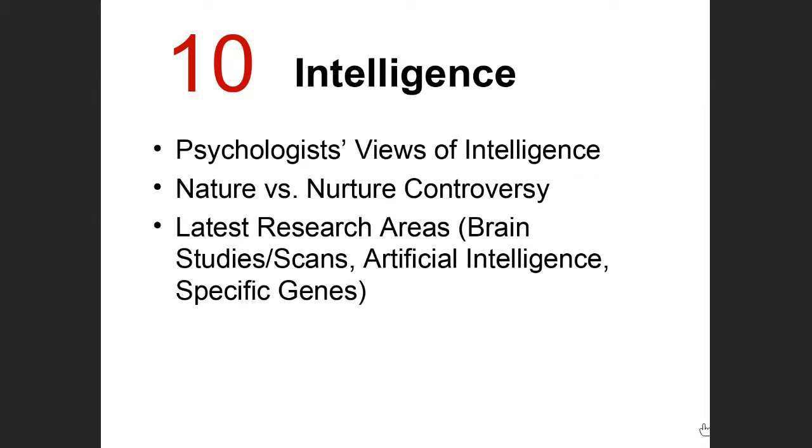Is it more heredity or is it more environment? There are people who think that intelligence is more inherited, and then there are those who say it's more nurture. It's much more complicated than that because it's probably, like most things, both rather than either or. So it's both nature and nurture.